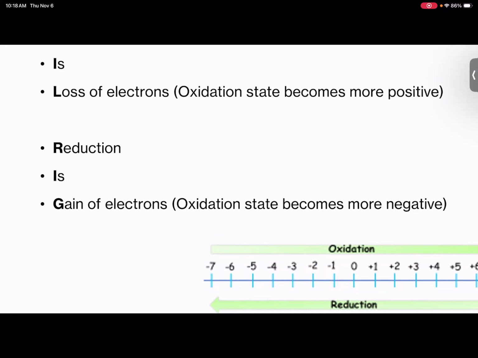You could go from 0 to +7, that would be oxidation, or -1 to 0, and that would be oxidation. All you've got to do is move in the direction to be oxidized or reduced.